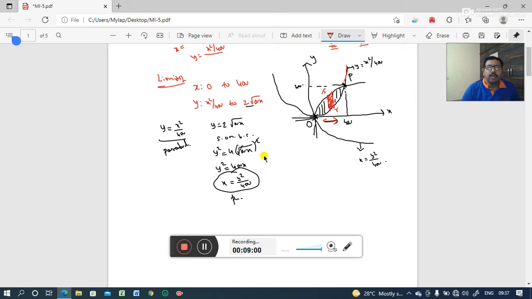Okay, now to change the order of integration, you once again rewrite the same diagram. So same diagram, I am just drawing once again.